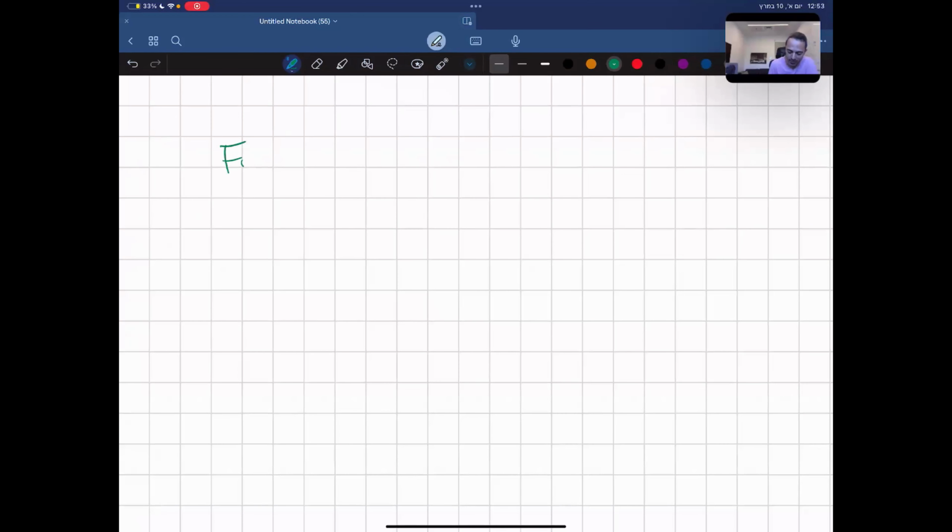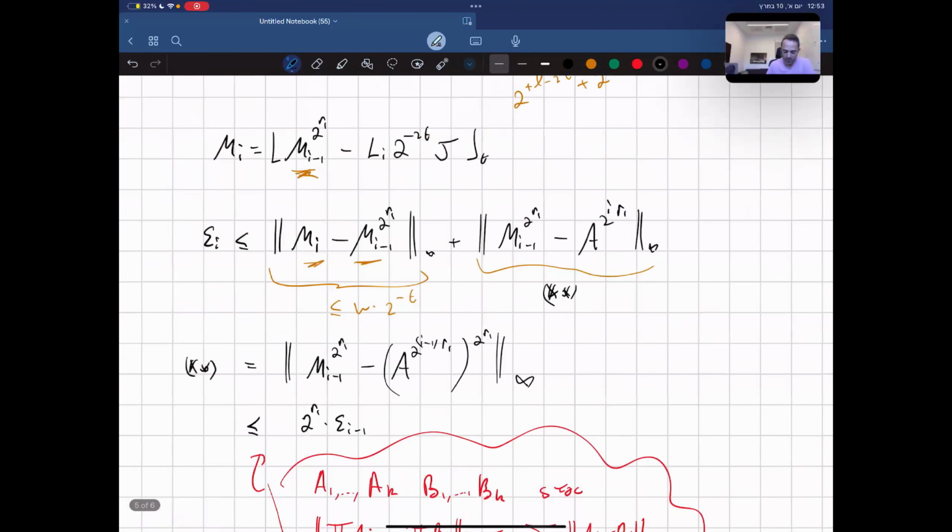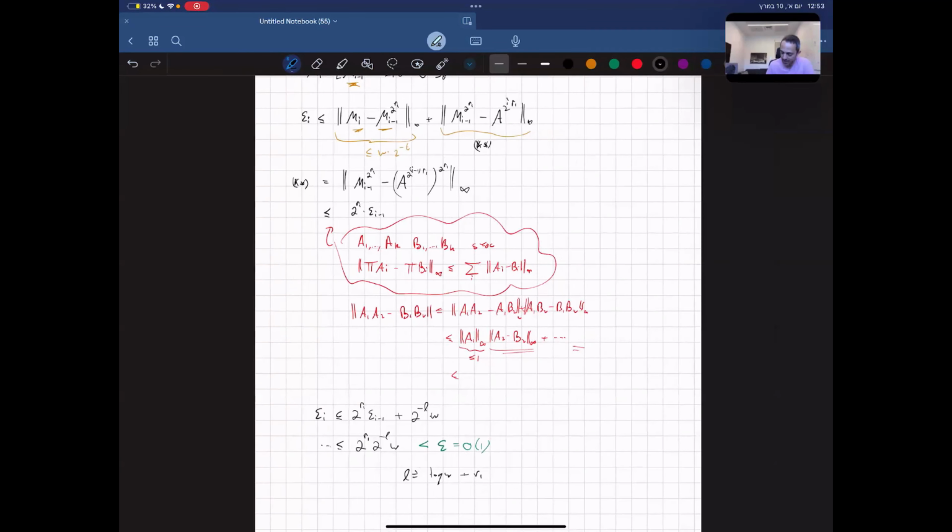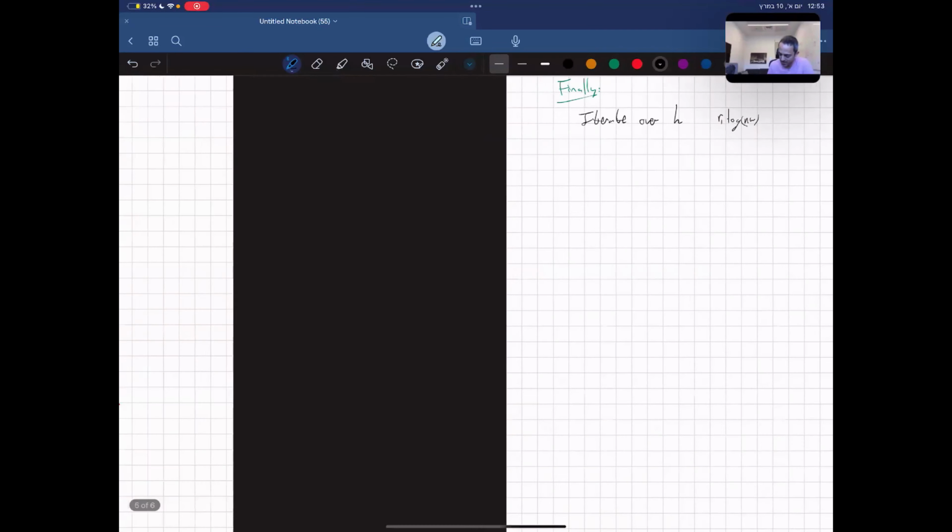So the final algorithm, finally, we iterate over all h, and recall h is of length R1 times something good, essentially. Say constant error, constant confidence. And in every such iteration, you apply the Saks-Zhou algorithm that we just had here. And that has space which is R log n plus R2 log W.